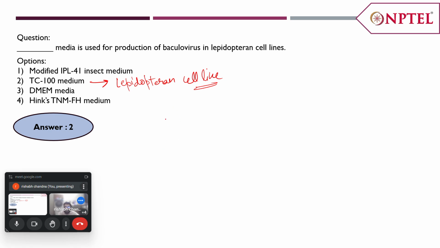So that's why the others are different. This one is for mammalian cell culture, and this is for insect cell culture.